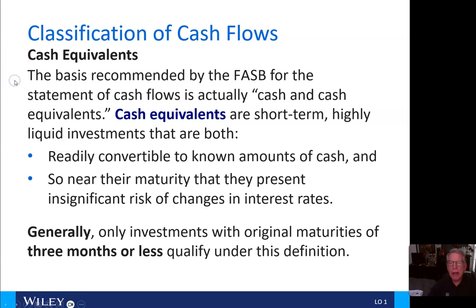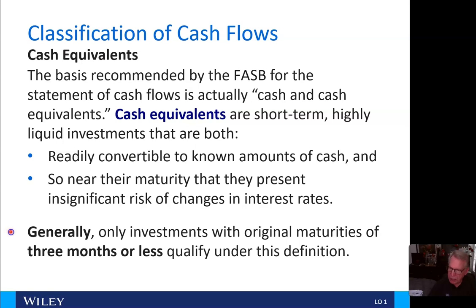The basis recommended by the FASB for the statement of cash flows is actually cash and cash equivalents. Cash equivalents here are short-term, highly liquid investments that are both, one, readily convertible to known amounts of cash, and two, so near their maturity that they present insignificant risk of changes in interest rate.